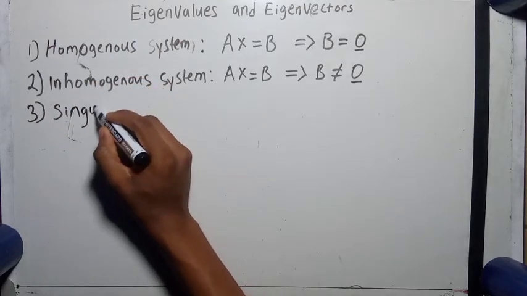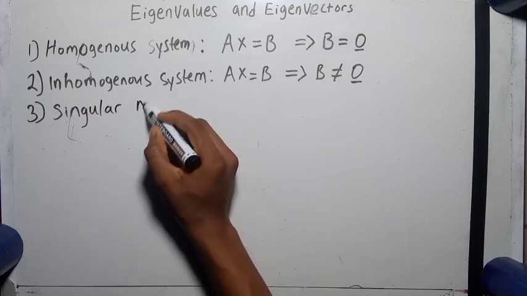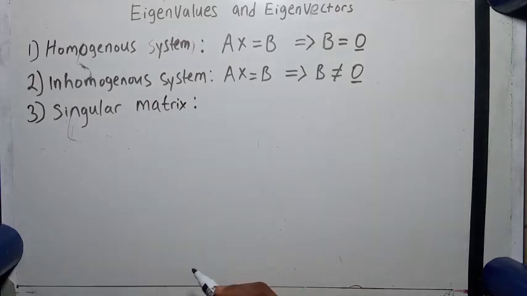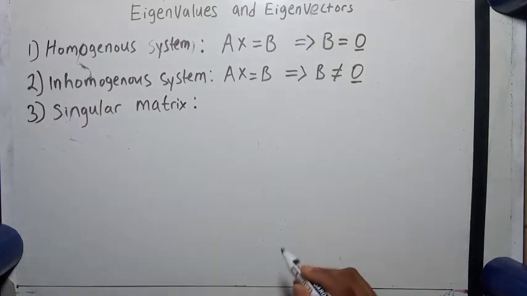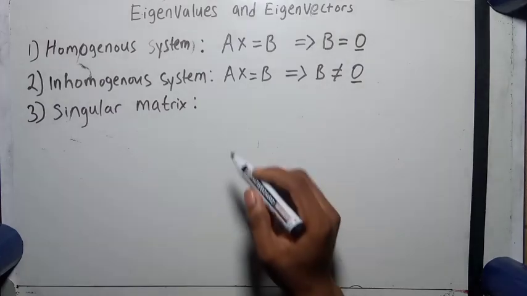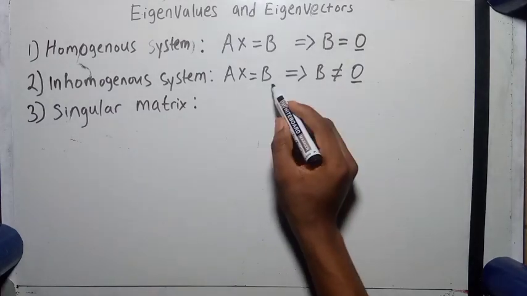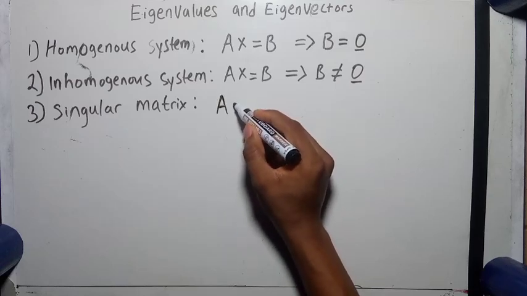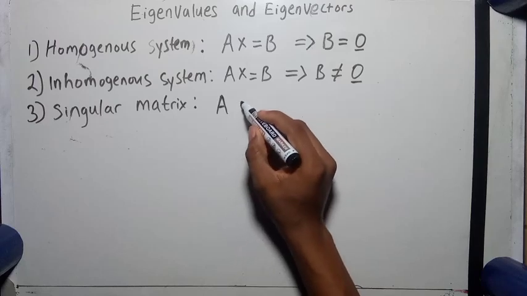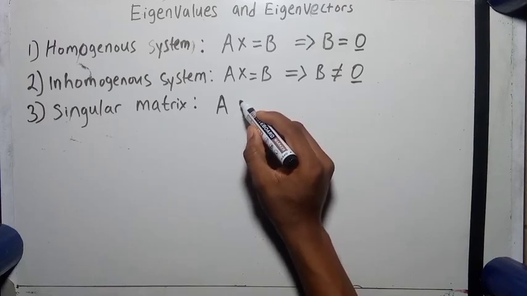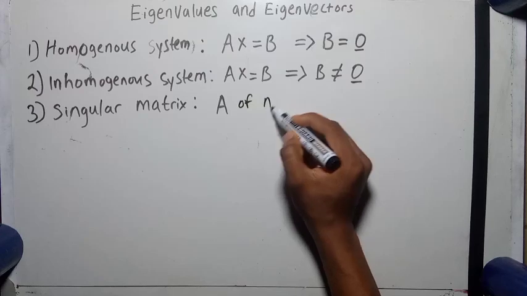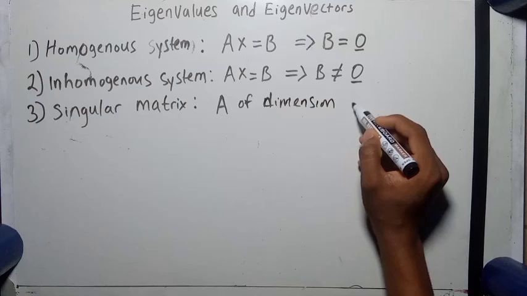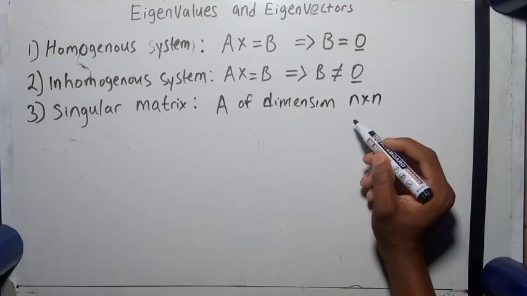Now the third term we're going to be looking at is the singular matrix. That was the one I was trying to explain at first, and I was kind of intertwining the two of them. So a singular matrix is a matrix, let's say matrix A, which is a square matrix of dimension n by n.